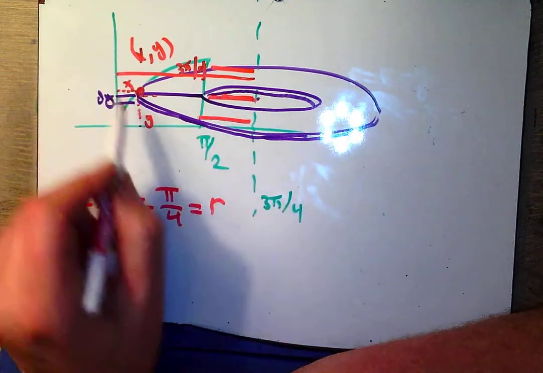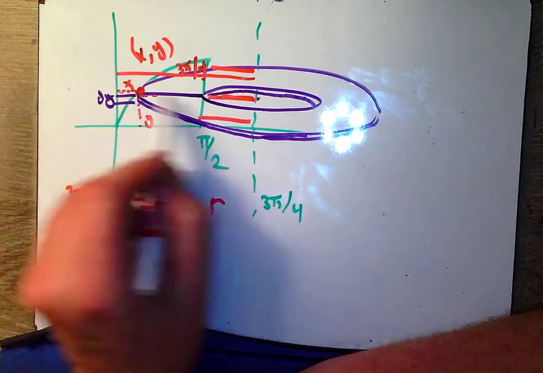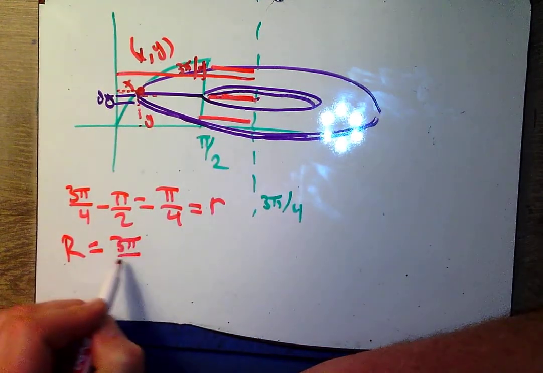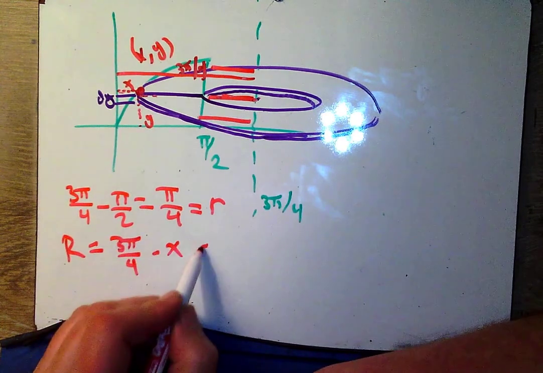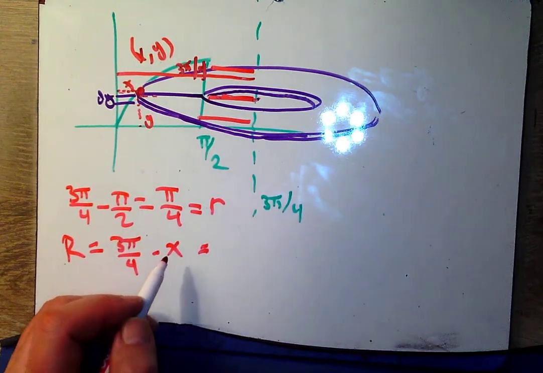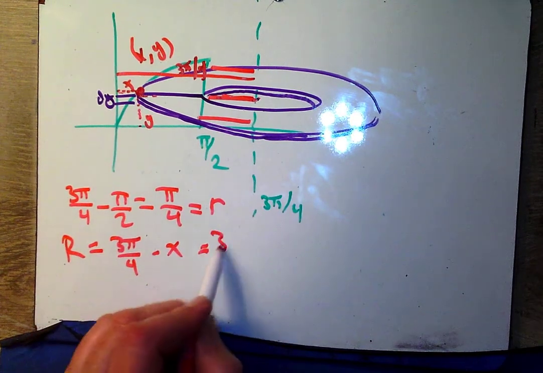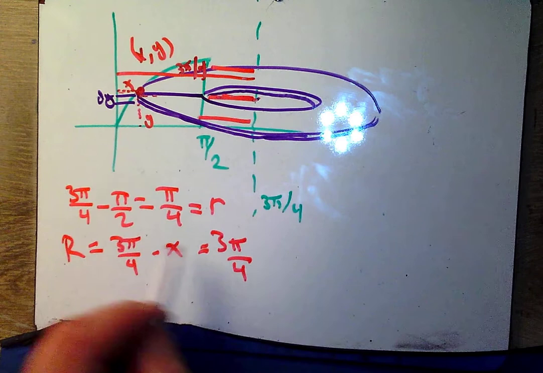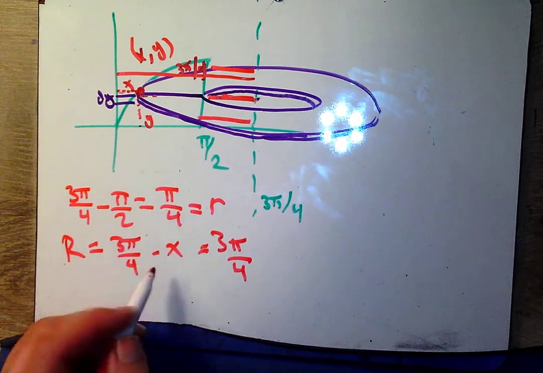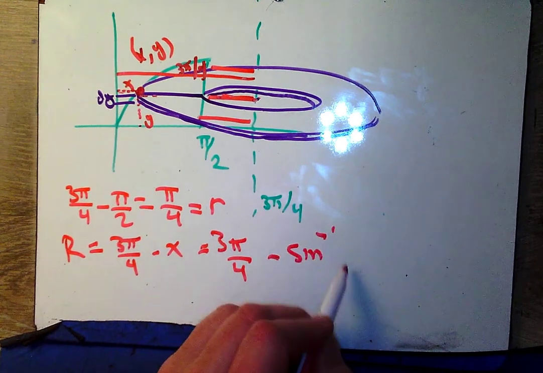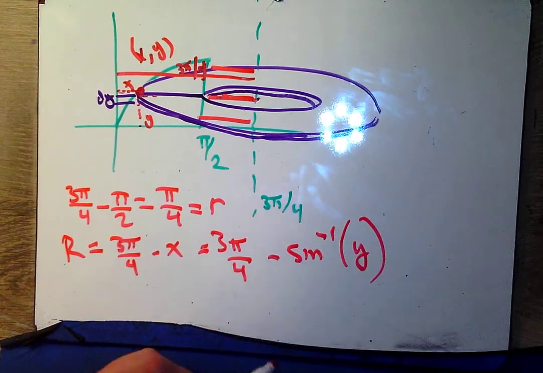It's 3 pi over 4, take this piece away to be left with big R. Big R is 3 pi over 4 minus x. Oh, but remember, this is a dy integral, and so we're going to have to get rid of this x and replace that x with what x is equal to. And we did that in problem 8, and we realized that this would be sine inverse of y.